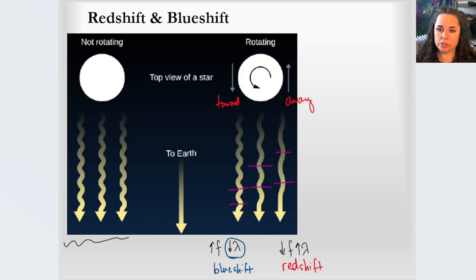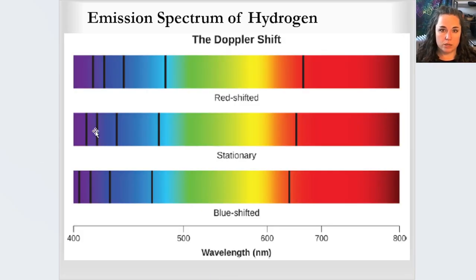Let's look first at the emission spectrum of hydrogen. I don't expect you to know that just looking at it. When you look at emission spectra enough, you would recognize this as the emission spectrum for hydrogen in the visible range. There's a lot of wavelengths being emitted, but this is for humans, the visible range. And you can see that the middle is no motion, right?